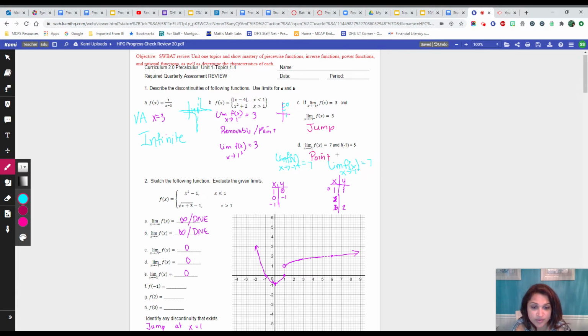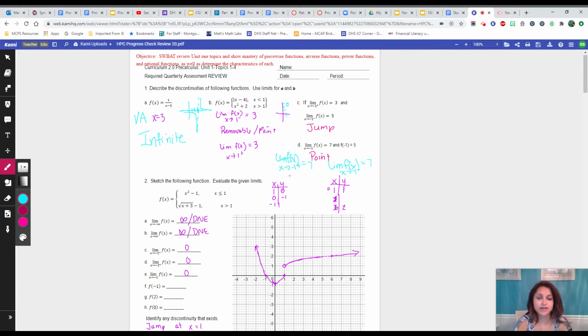When you say the limit as x approaches negative 1 without a left or right hand limit, that means from both sides it is the same value of 7. So if it is the same value from both sides, and the actual value at negative 1 is not that same value, it's not a jump here, it's a point discontinuity, because it's coming in from the same side, but then at negative 1 there's a dot at (negative 1, 5).